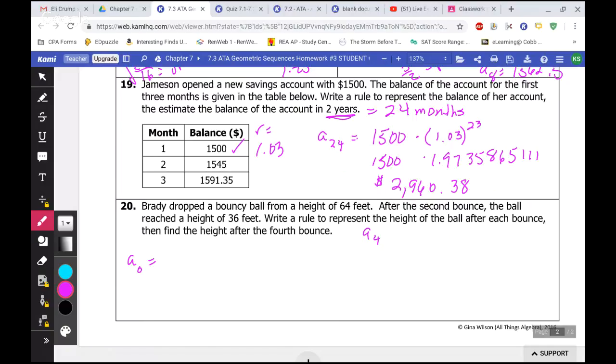Actually, this says that when you're dropping the ball, because it's dropped, it says it's a second bounce.